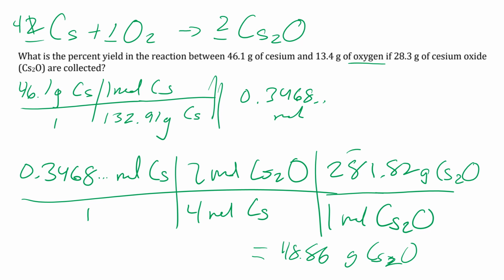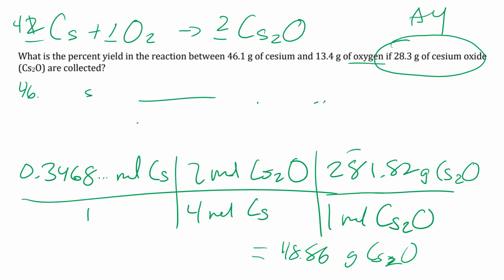In the question, it says if 28.38 grams are collected. Right here, this is my actual yield. So to get my percent yield, I need to divide. I'm just going to copy the sig figs.